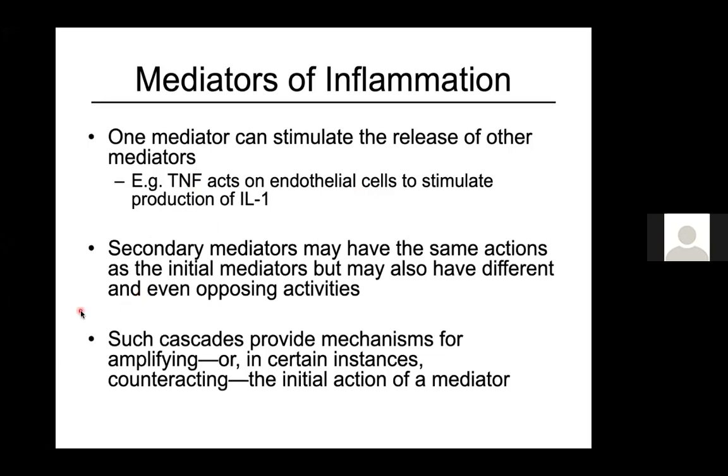And then the secondary mediators, the ones which are produced from the effect of the first one, may have the same action as the initial mediator. So for example, TNF and interleukin-1, if they act on the hypothalamus, they have the same effect, okay? But they can also have different or opposing activities.